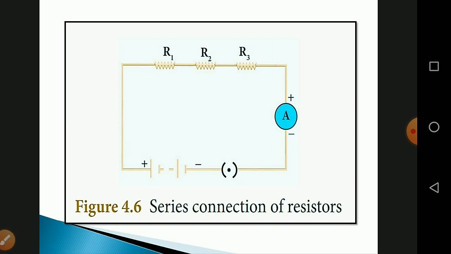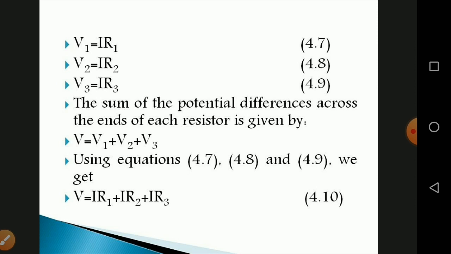Next, let three resistors R1, R2 and R3 be connected in series. Let the current flowing through them be I. According to Ohm's law, the potential differences V1, V2 and V3 across R1, R2, R3 respectively are given by V is equal to IR. So V1 is equal to IR1, V2 is equal to IR2 and V3 is equal to IR3.